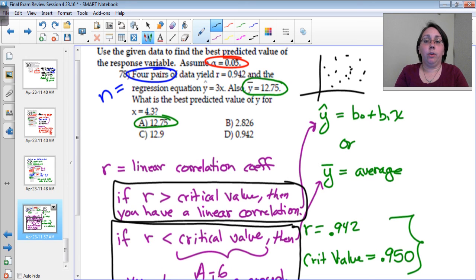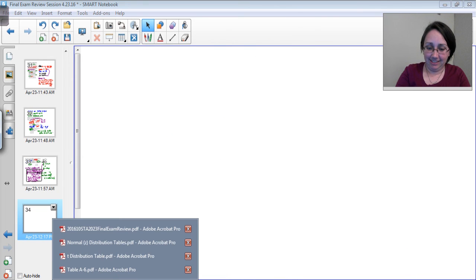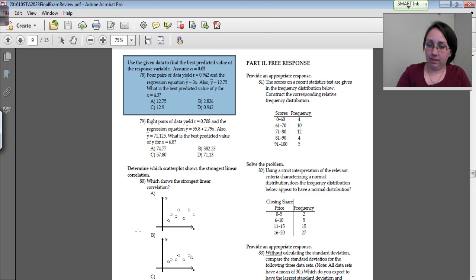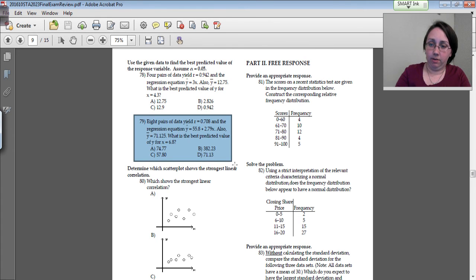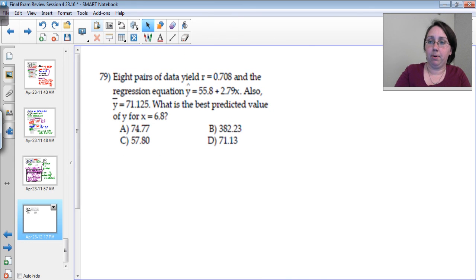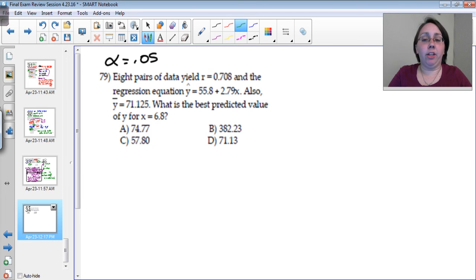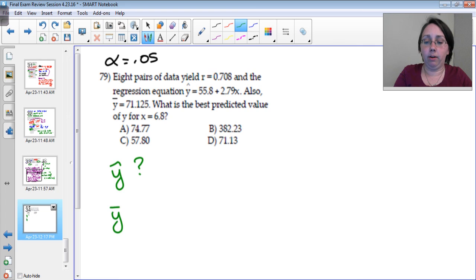Can we just do 79 just to clear it here? All right, alpha is still 0.05, by the way, same dark lettering up above. All right, so what is the best predicted value of y for x equals 6.8? So to predict it, you've got to determine, are you going to use y hat or y bar? Who determines?